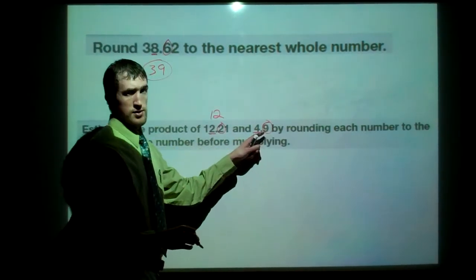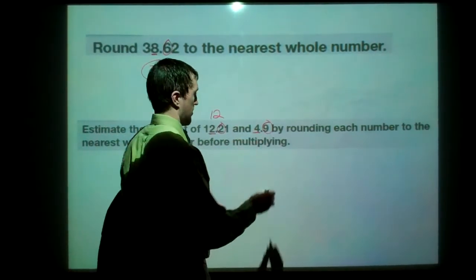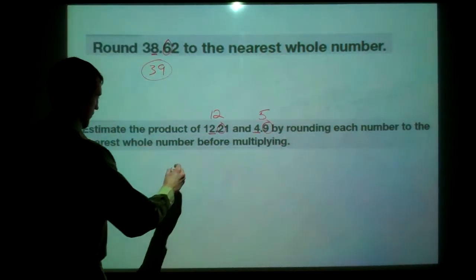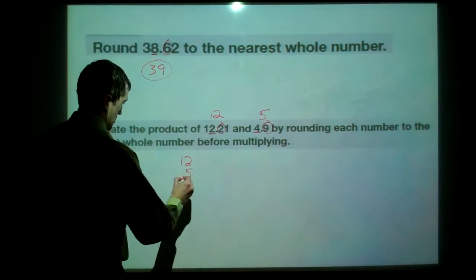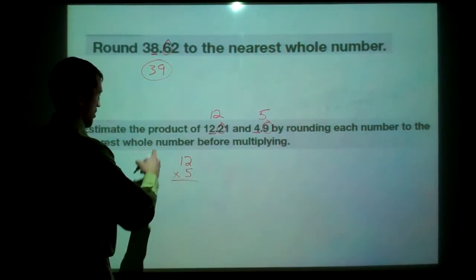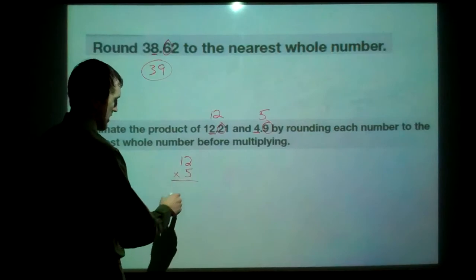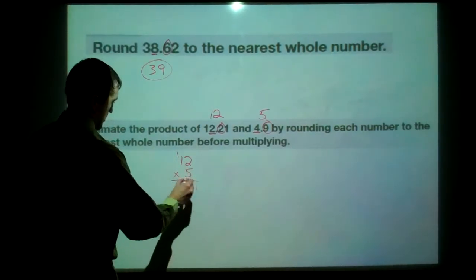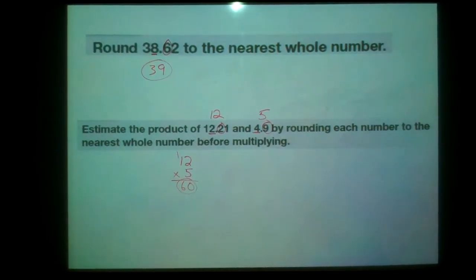And 9 is 5 or bigger, so we're going to round this up to 5. So now we have 12 times 5. So to estimate the product is multiply. 5 times 12 should give us 60. So that would be the estimated version of that.